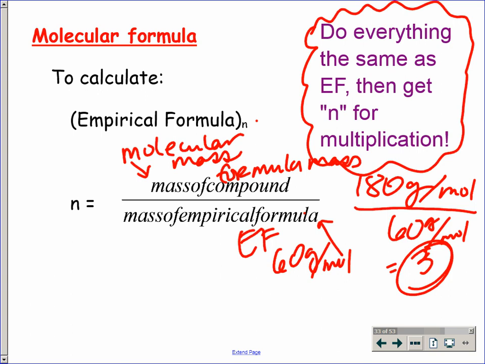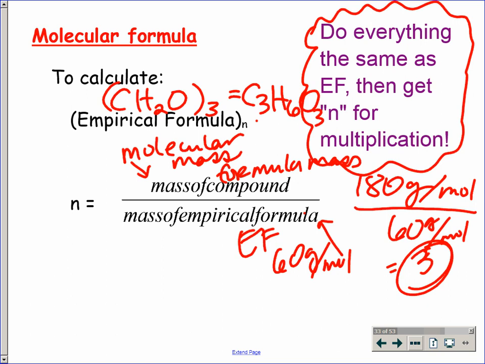I take the EF, CH2O, multiply it by 3 and distribute. What would my molecular formula be? C3H6O3. And therefore, I'm done. It's just get that multiple and then apply it.